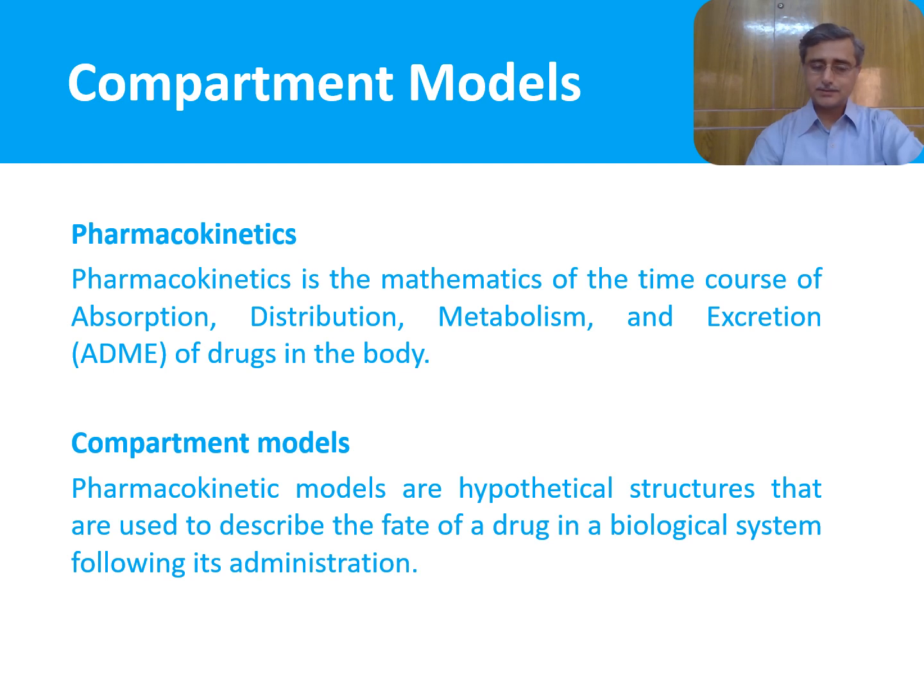There are various types of pharmacokinetic models. One of the most commonly used models is the compartment model. Compartment models are pharmacokinetic models wherein the compartments are considered to be hypothetical structures that are used to describe the fate of the drug in the body following its administration.